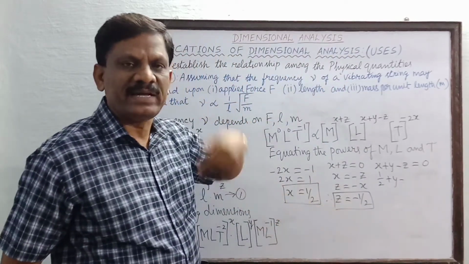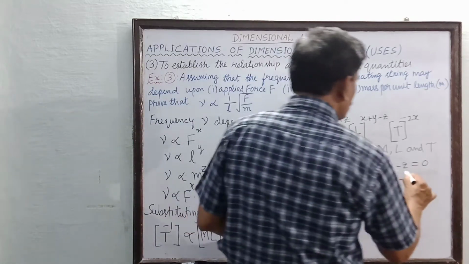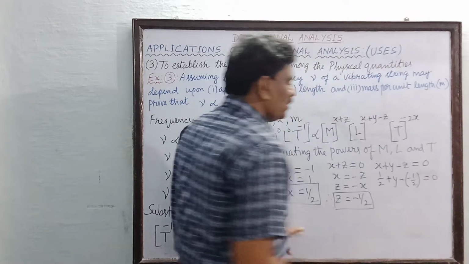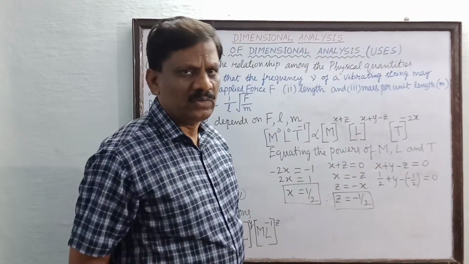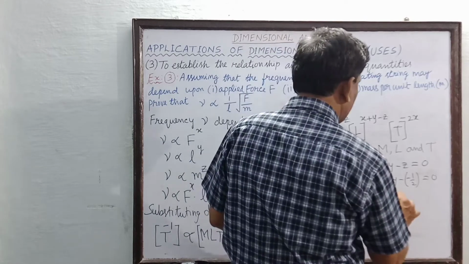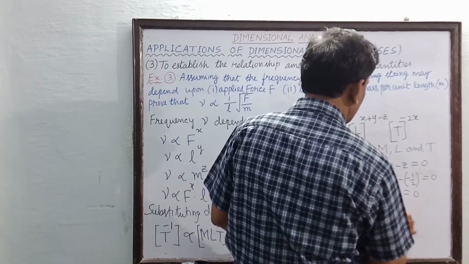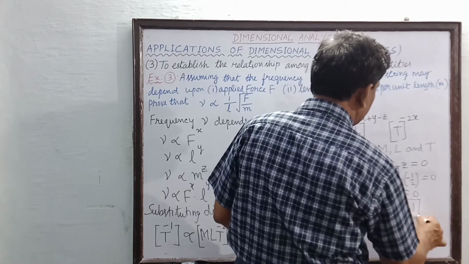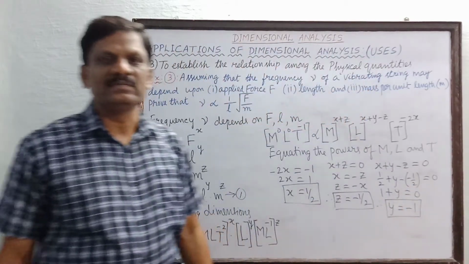Minus of z is minus of minus 1 by 2, which is 1 by 2. This 1 by 2 plus 1 by 2 is 1. So 1 plus y is equal to 0. Therefore y is equal to minus 1.